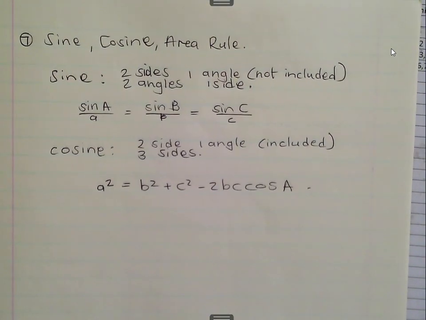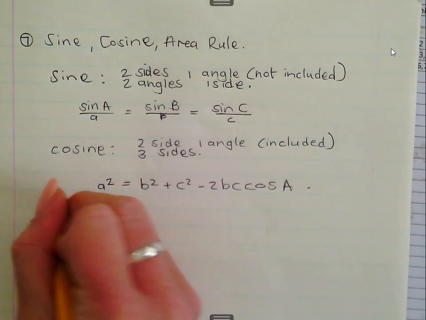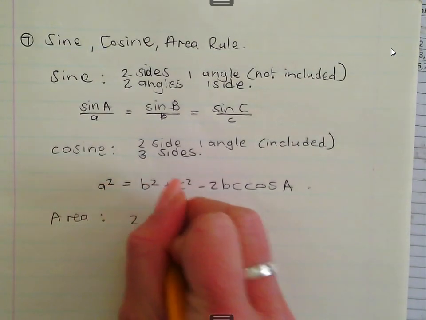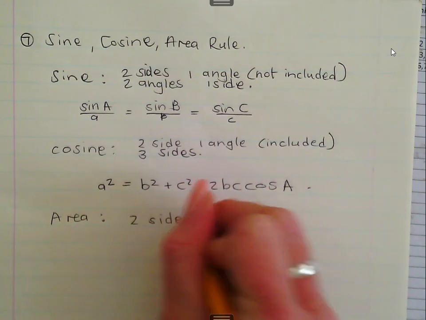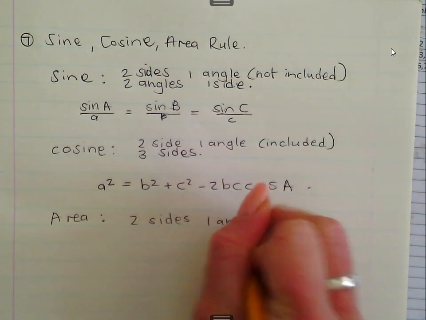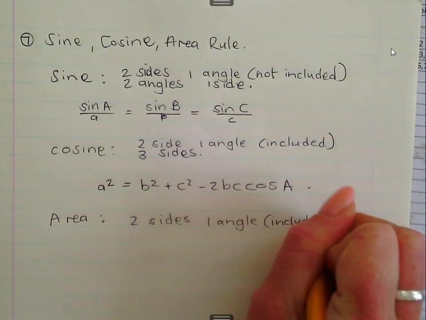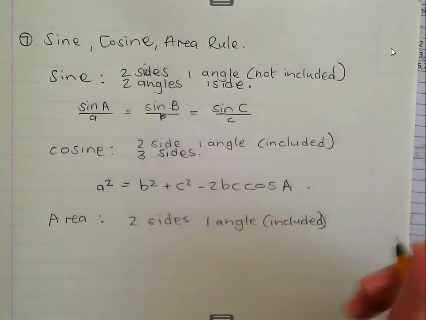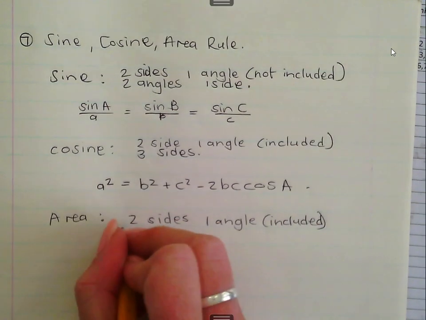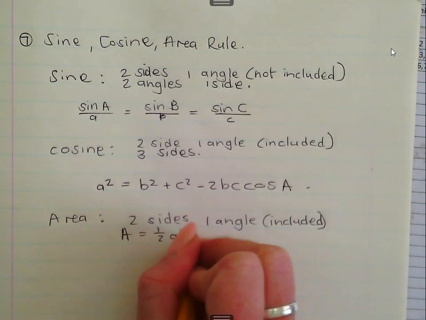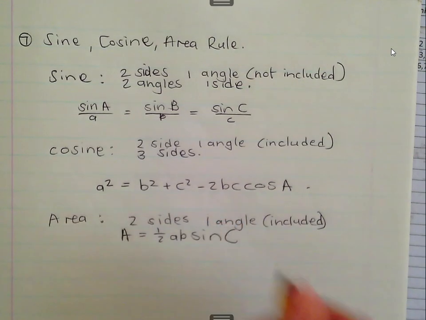And then the area rule, you need two sides, one angle included, and then the area rule looks like this: a half ab sin C. You know how this one works.